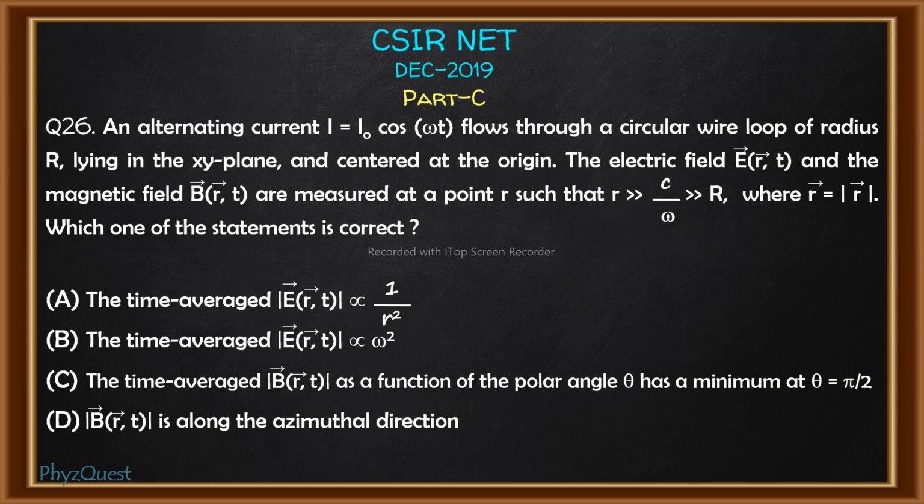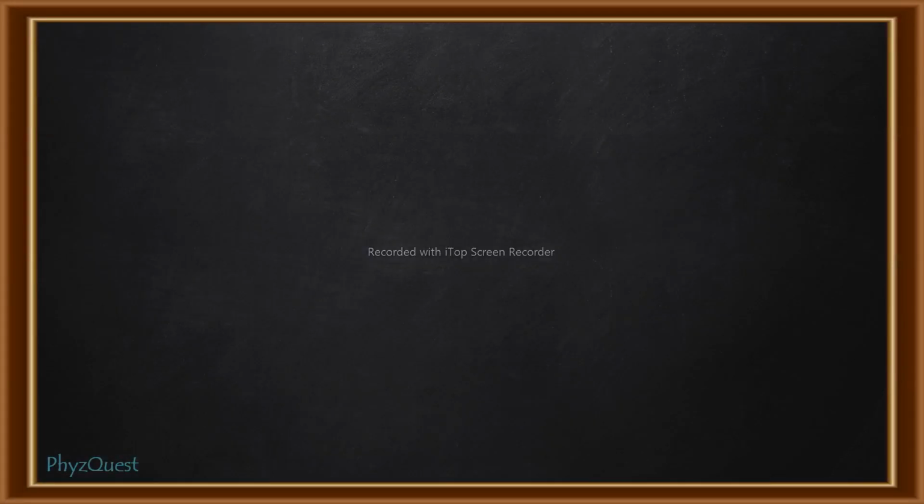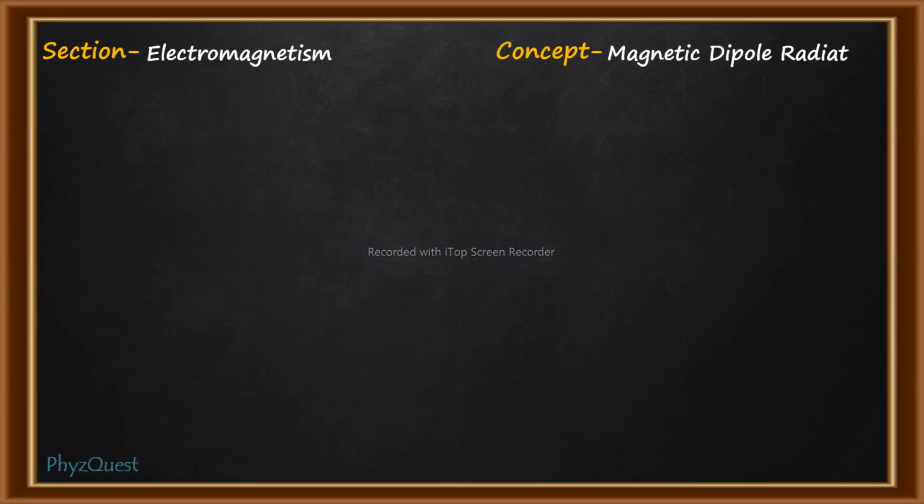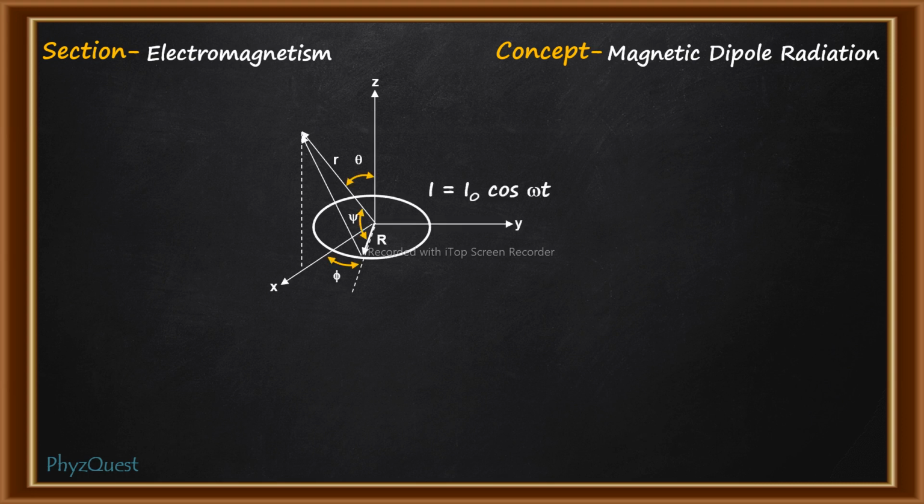So let's get started. This question comes from the section Electromagnetism, and the concept involved here is magnetic dipole radiation. Here we are given an alternating current I equal to I naught cos omega t flowing through a circular loop of radius capital R in the xy plane.